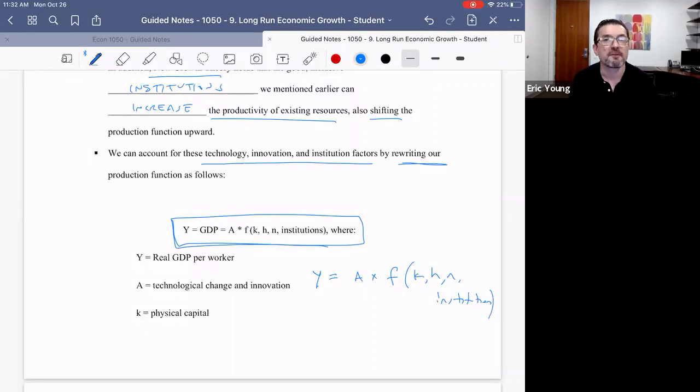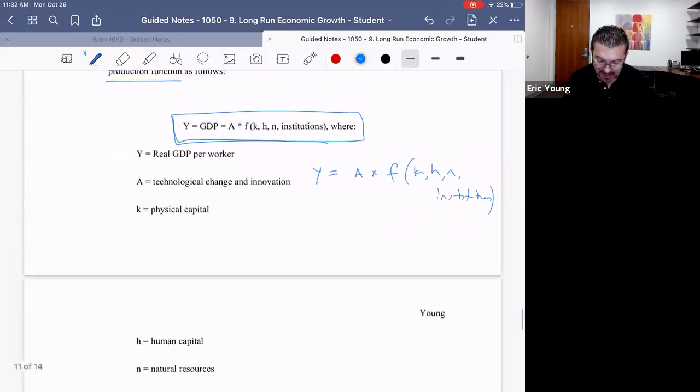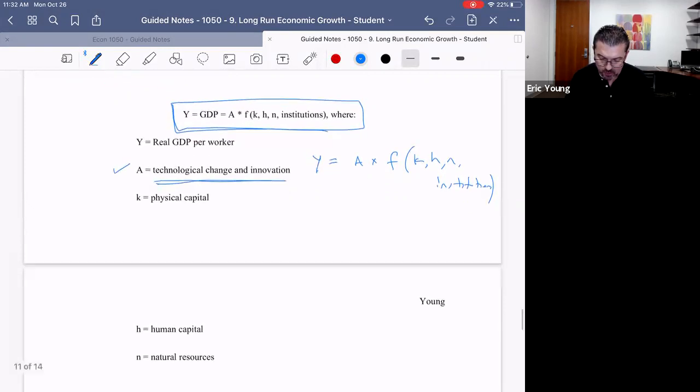This is a modified and enhanced production function formula. Y equals GDP, which equals A, multiplied by the function of K, H, N, and institutions. Notice here that what we're adding in is A, which represents technological change and innovation, as well as institutions.